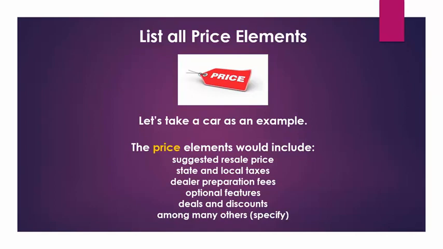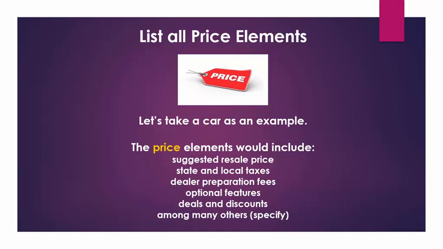And you see the following little tidbits here. We start with suggested resale price, which is what you see in the catalog and online. In B2B, we rarely pay suggested resale price. It's the point for the start of negotiations.